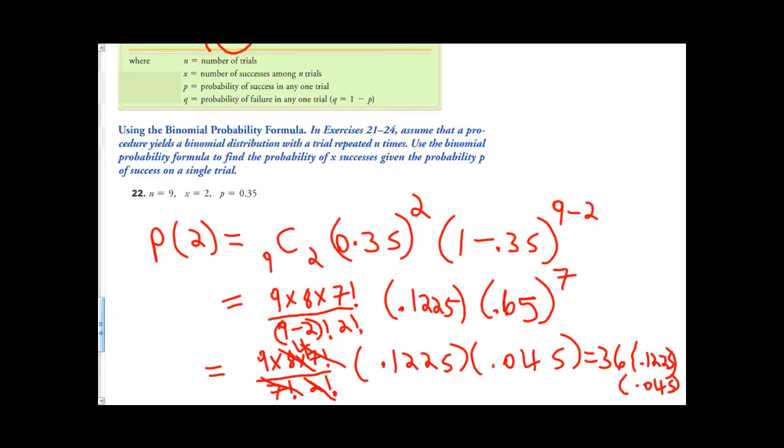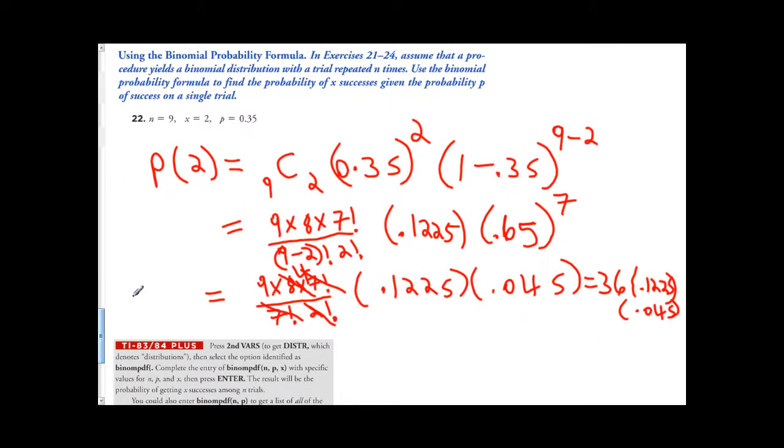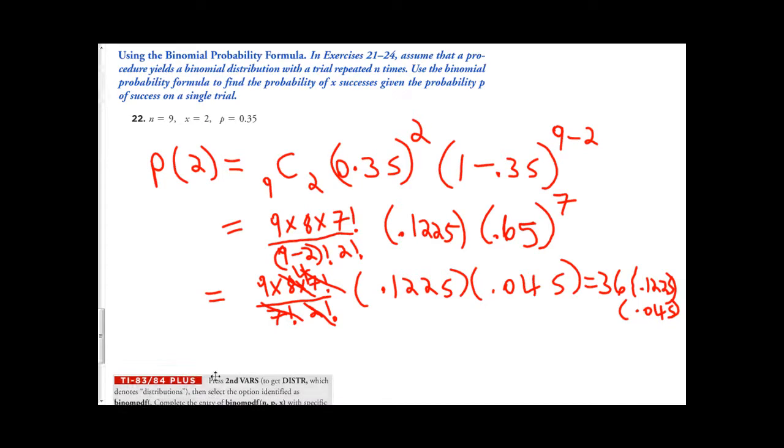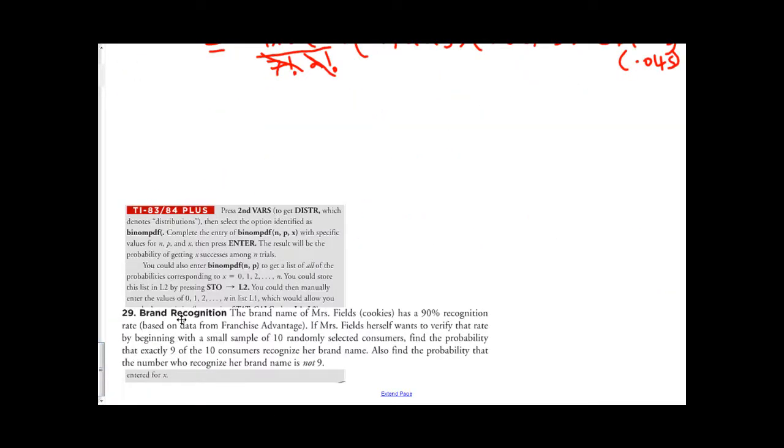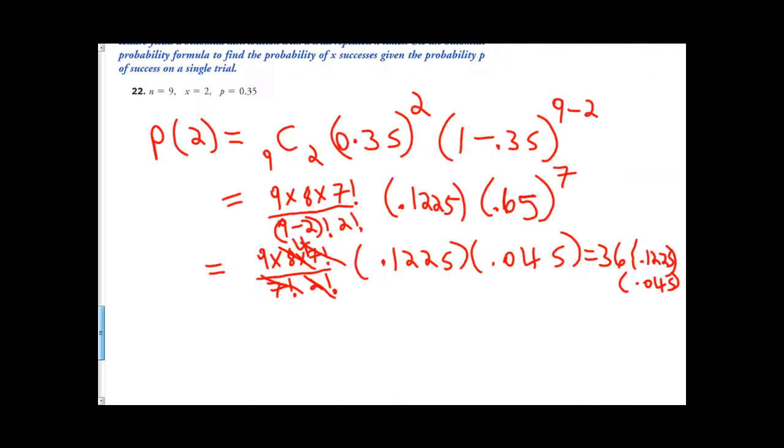So let's round that to 0.198. So this is equal to 0.198. All right, so that's how you use the formula to calculate probability.